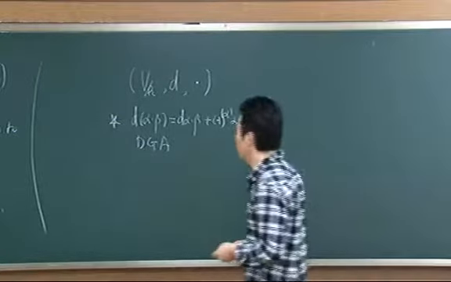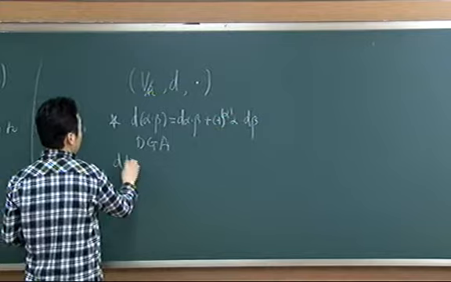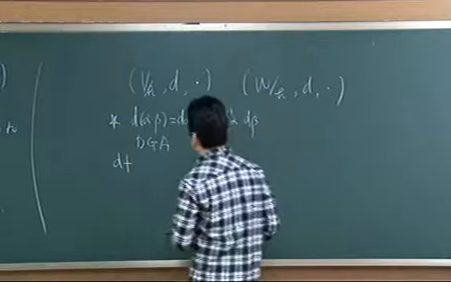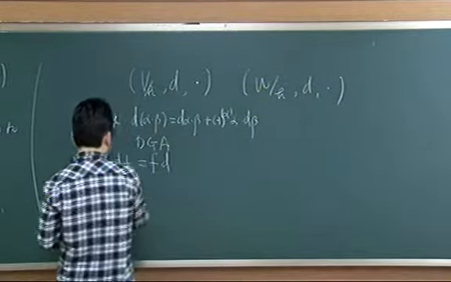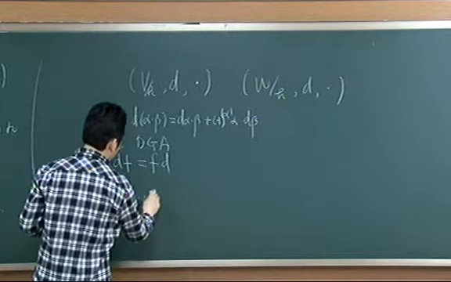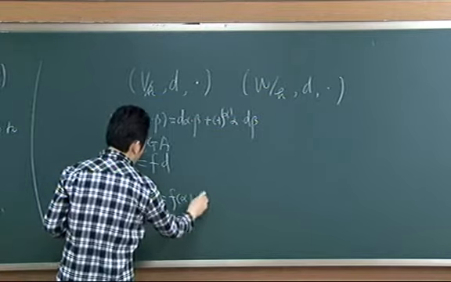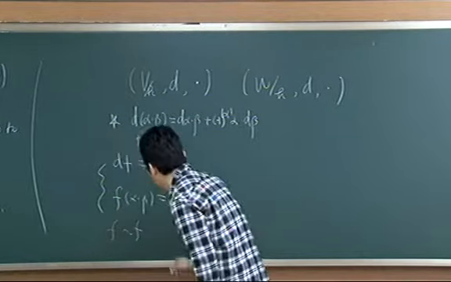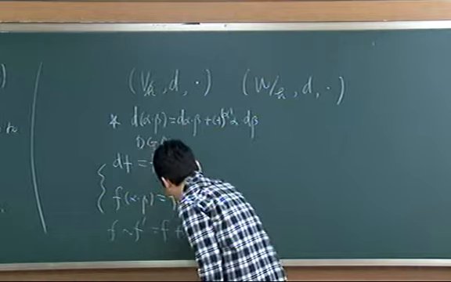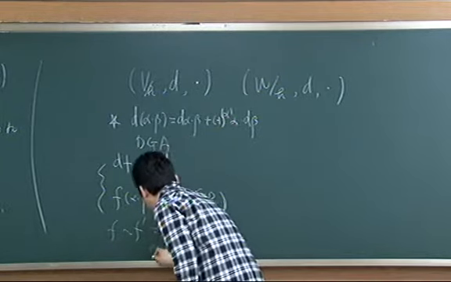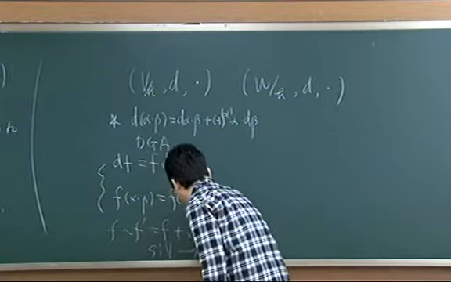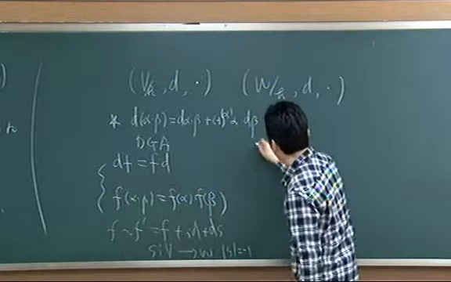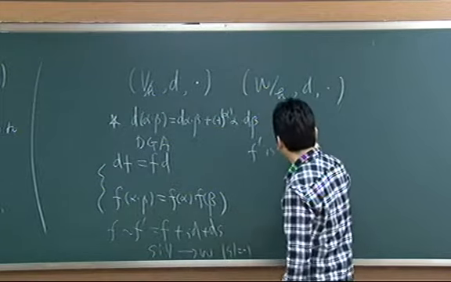an algebra map. So if I have W, K, D, and dot, and dF is FD, and F is an algebra map, but if I change F to something homotopic F prime, SD plus DS, where S is a map from B to W with degree -1, then F prime is not an algebra map.